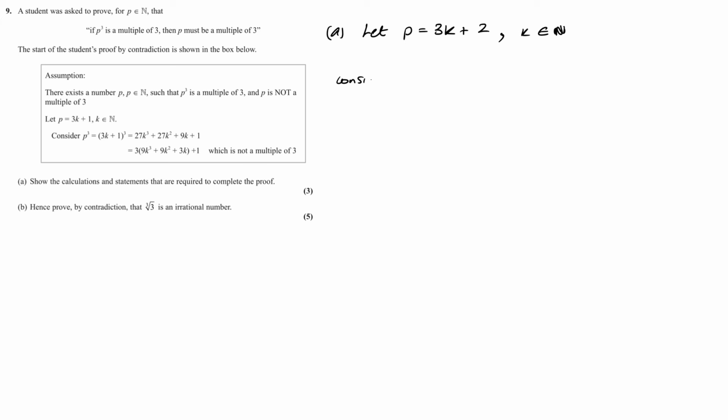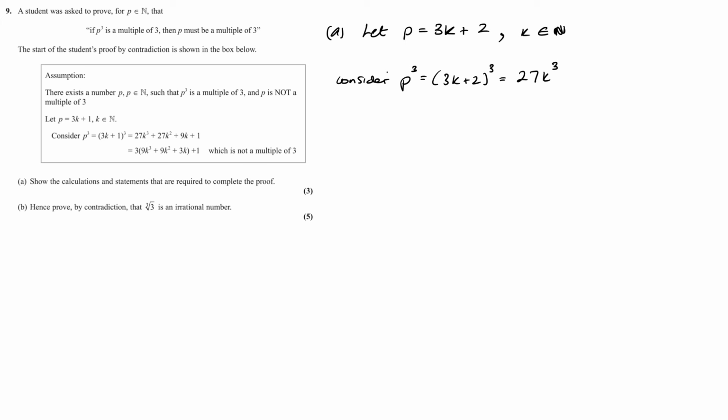So consider p cubed, and we have 3k plus 2 cubed equals. Now we have to go ahead and expand this. So that's 27k cubed. And just think of using binomial expansion.